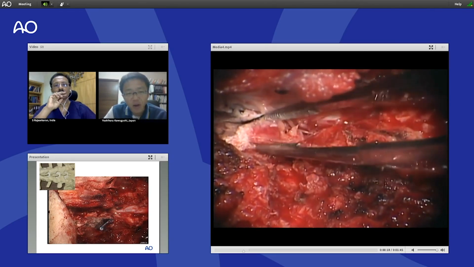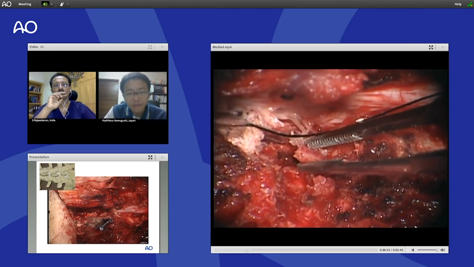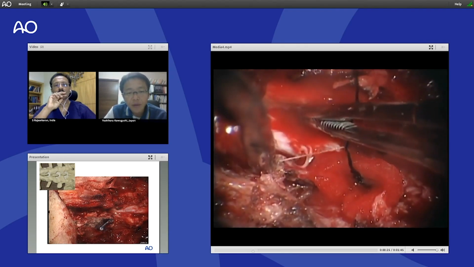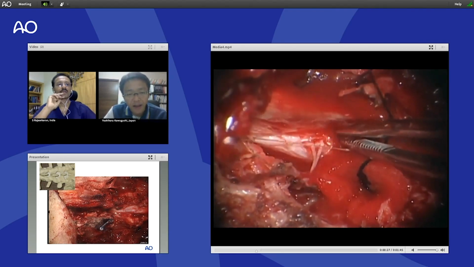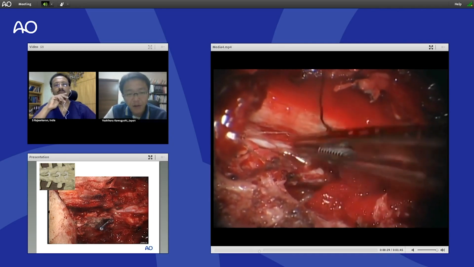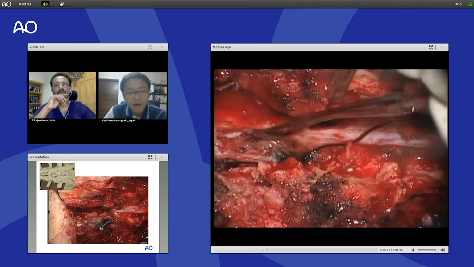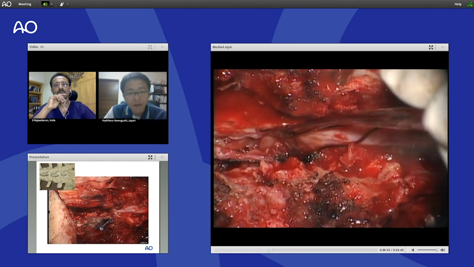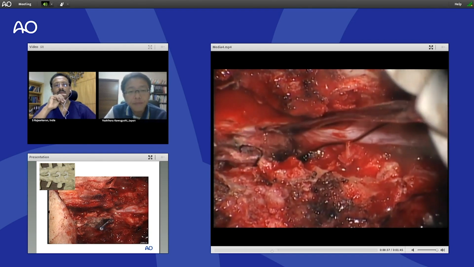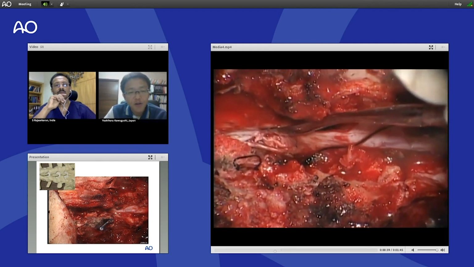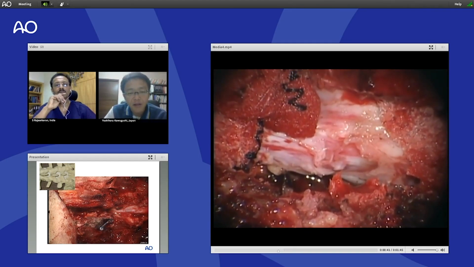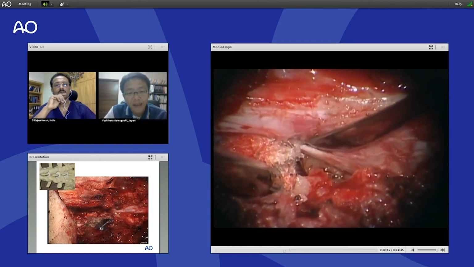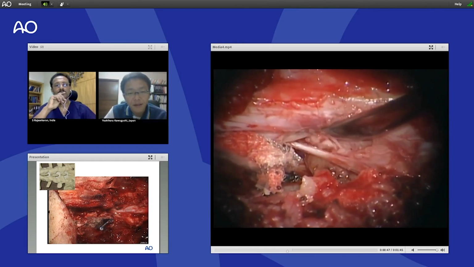So the surgeon confirmed the small hole around the nerve root. You can see the small hole and the nerve filament from the nerve root. So the surgeon tried to confirm the hole. Fortunately, the hole is small, so they can suture the hole.